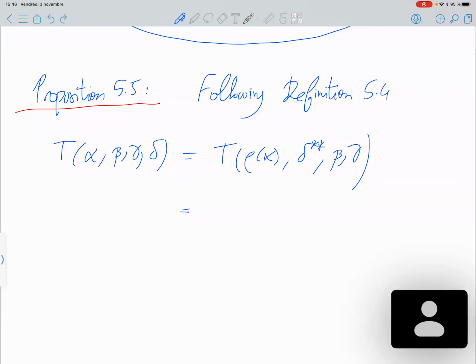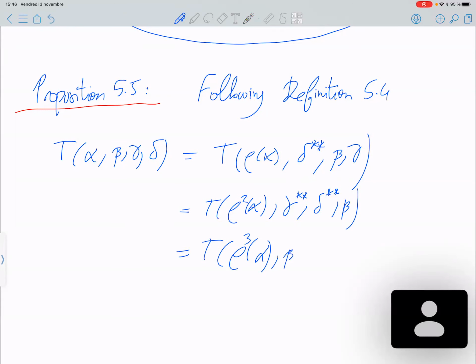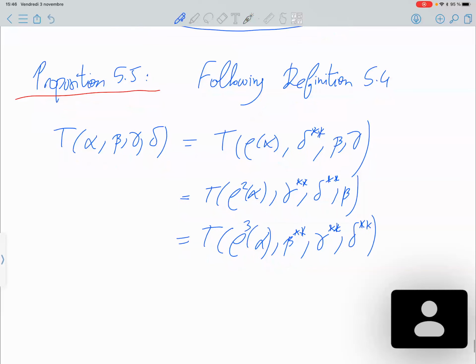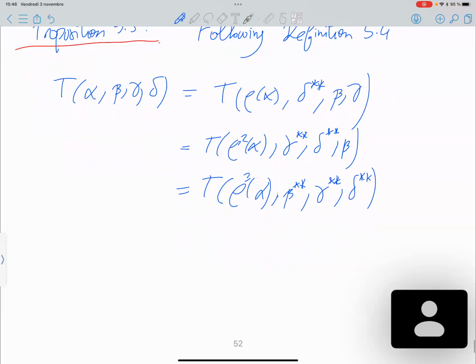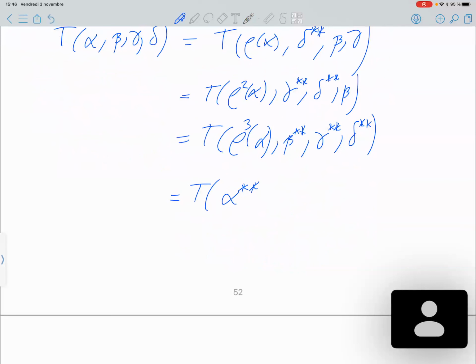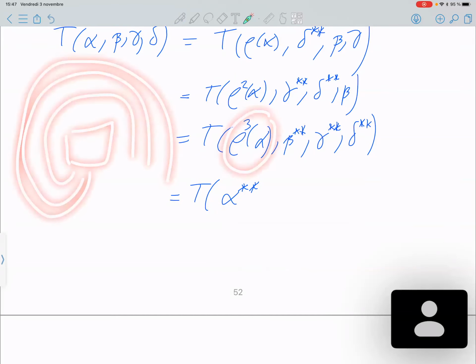So this is equal to, sorry, it's the other way: gamma double star, delta double star, beta, and again is equal to T of beta double star, gamma double star, delta double star, and so on. Applying this natural transformation 1 time, 2 times, 3 times is exactly taking the double dual of the morphism.